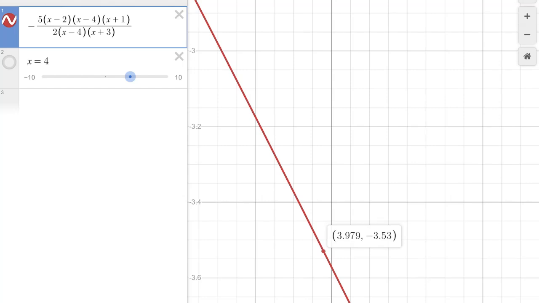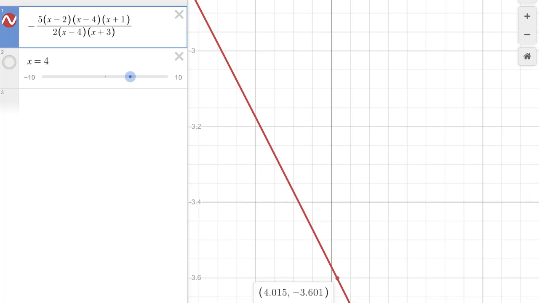Negative 3.5, it looks like. 3.55. Let's see. Negative 3.569 from the left, and again you can do it from the right, above 4.